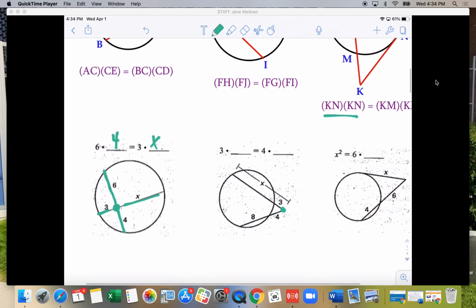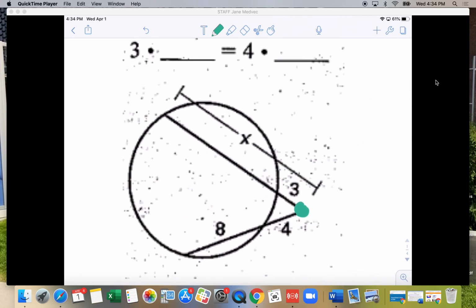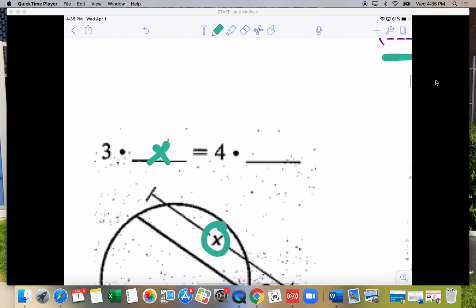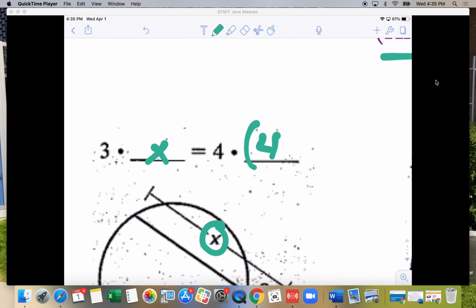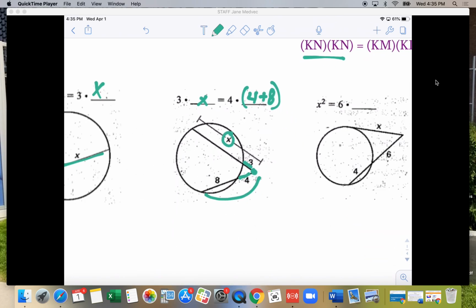So I'm going to come down and take 3, which is this piece, the part, and multiply it by the whole. The whole would be x, because that's depicted here. Then the other line, I've got 4, and I'm going to multiply it by the whole. Now, I don't know what the whole is, but I can figure it out. That would be 4 plus 8. That would give me that whole piece.